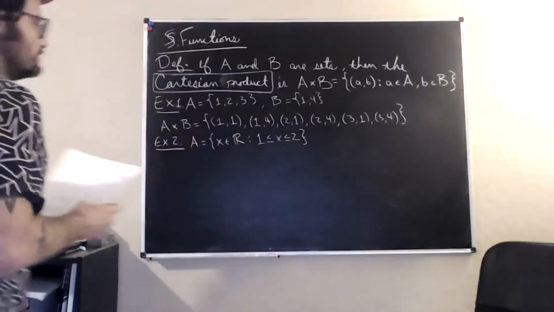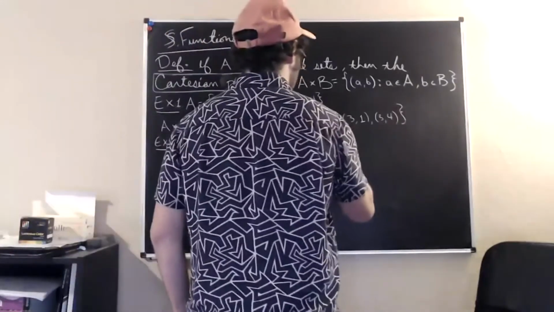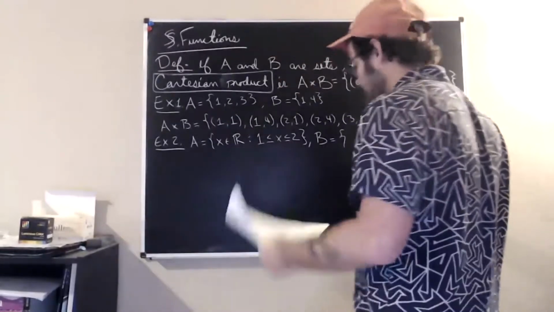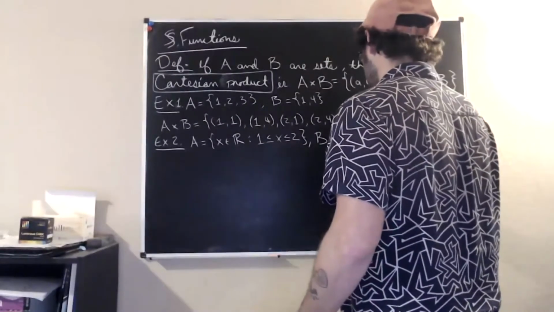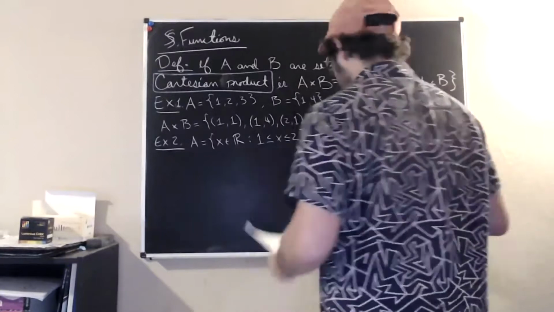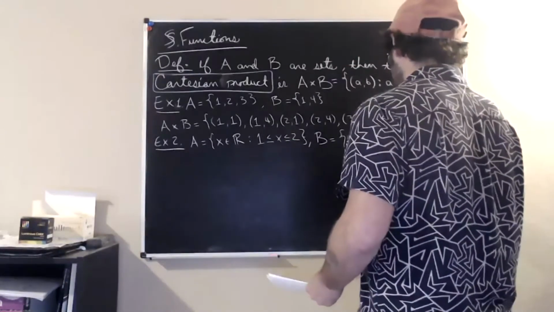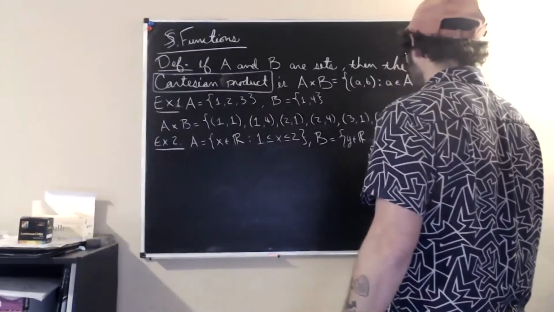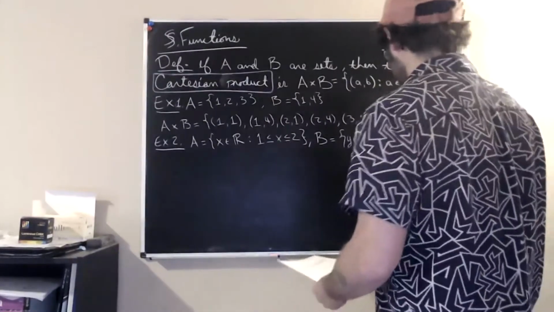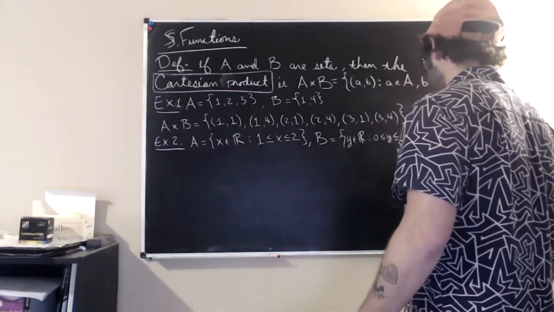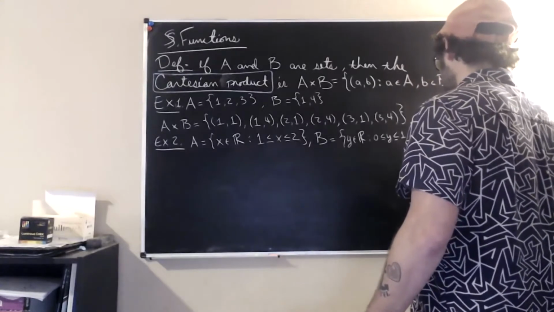And then we'll say maybe that B is the set of all y such that 0 is less than or equal to y, that's going to equal 1, or 2 is less than or equal to y less than or equal to 3.